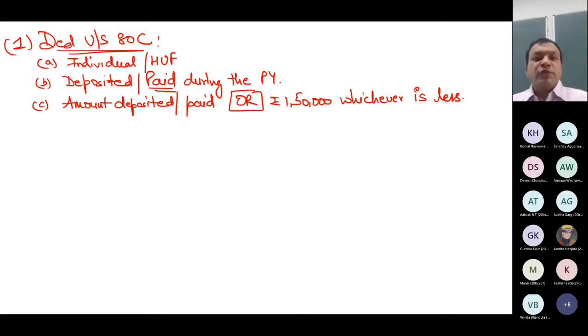There was a connection break. So for the individual or HUF, the amount deposited or paid, or rupees 1,50,000, whichever is less, is allowed as deduction.